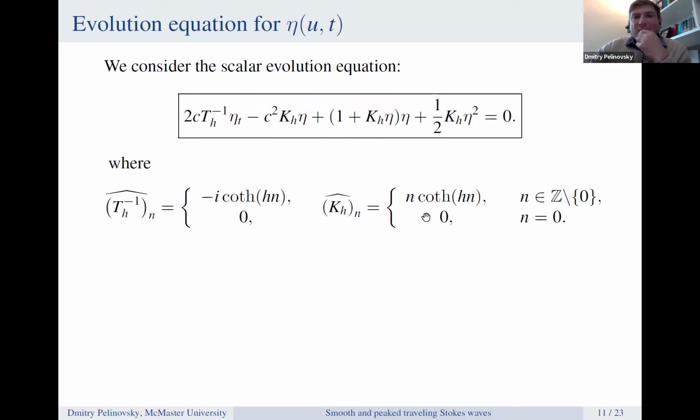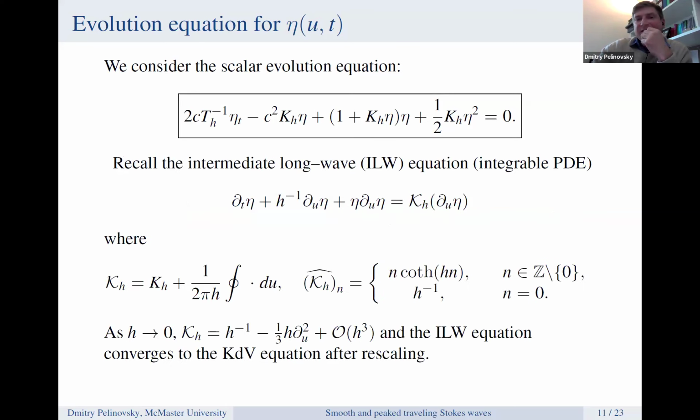So now, as I promised, I would like to think about the shallow water limit, when I can replace this non-local model with something like a nonlinear PDE to be able to study it. And one remarkable equation which comes immediately to memory is the intermediate long wave equation, which is one of the models of integrable systems.